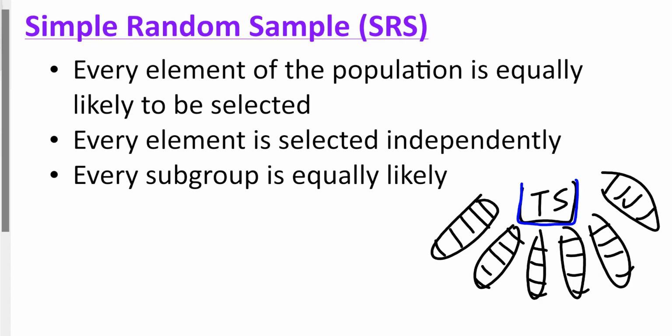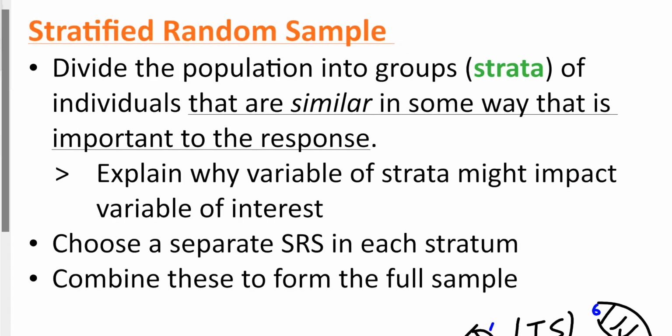Another type of sample is a stratified random sample. Okay? So a stratified random sample is where you divide the population into groups called strata of individuals that are similar in some way that would be important to the response.